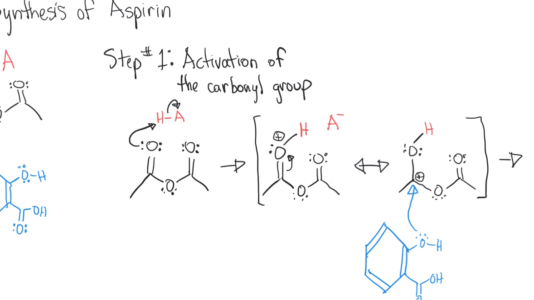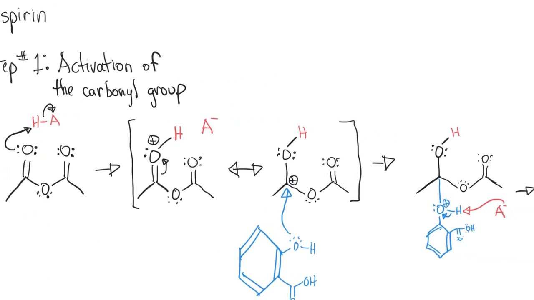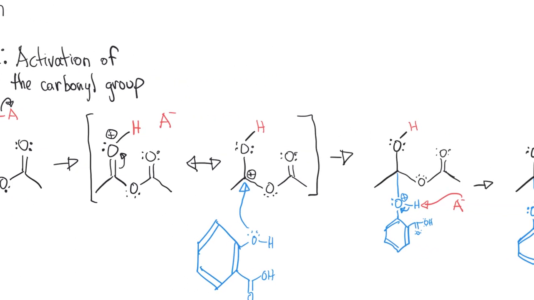Now, it doesn't make sense at first why this so-called activation occurs, but if we think about the resonance structure, it shows us that if the double bond, the pi bond, moves up onto the oxygen, we're left with a carbocation, and this is going to be very attractive to a nucleophile, specifically the alcohol group on the salicylic acid.